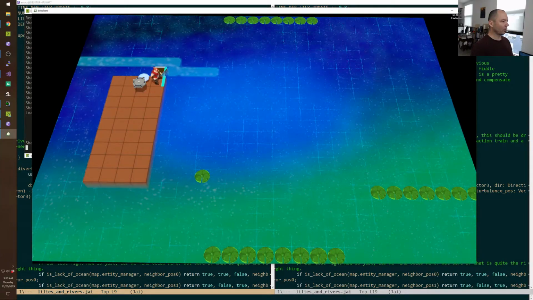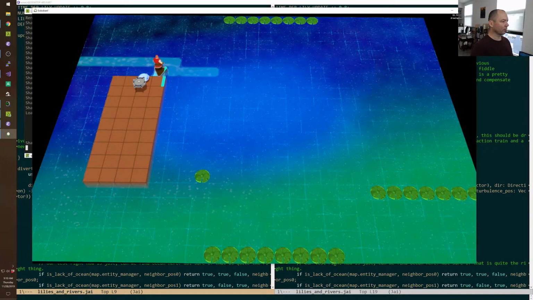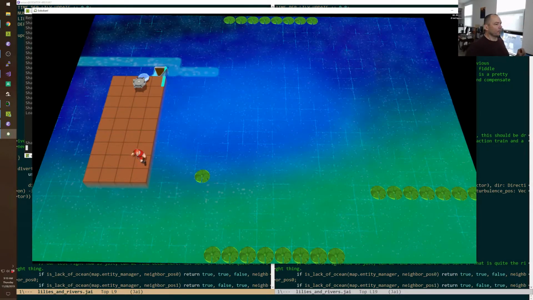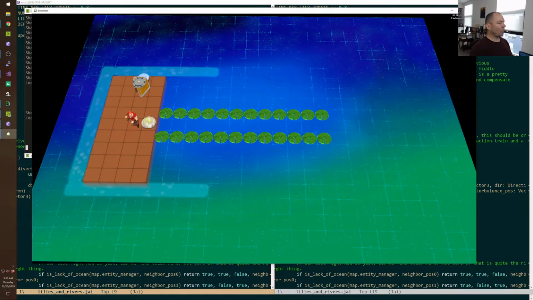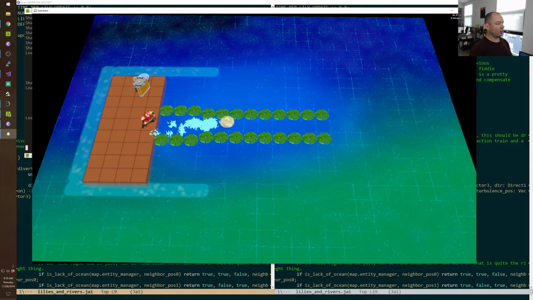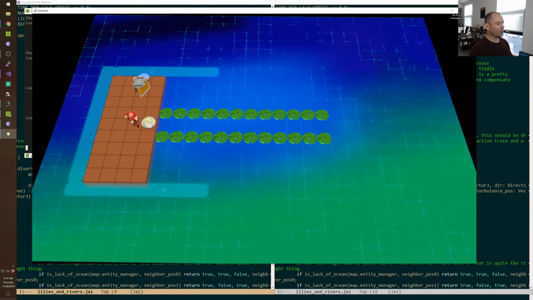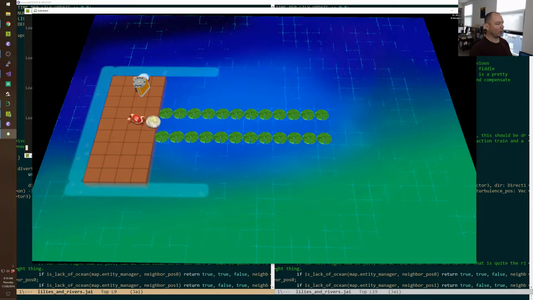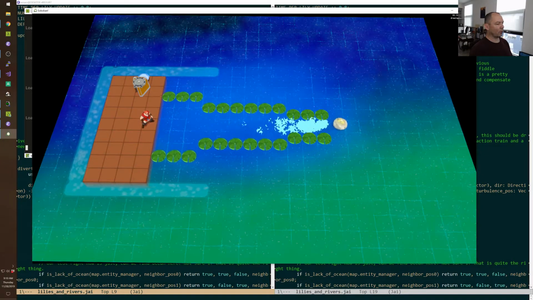That's a little bit wrong right there. So I want to fix the fact that the stone is really slow, and then start skipping. It should go fast onto the water.